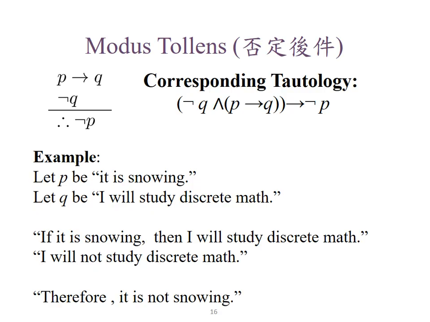So maybe you can think of this, then you can see it is also true. But next, if you're familiar with this form, you can use it directly. You don't have to rewrite it as not Q then not P. You can use these two premises directly to draw the conclusion. So we call this modus tollens.